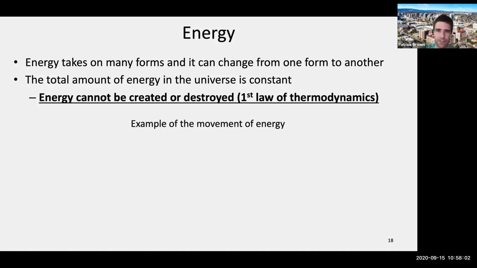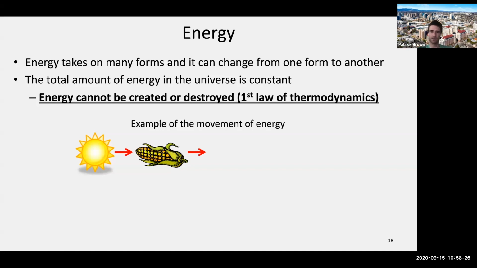So, an example of the movement of energy, the one that we've talked about already: energy coming from the sun, that is actually mass being converted into energy through nuclear reactions, flows to the Earth. Our primary producers, our photosynthetic organisms, our plants, capture that energy and store it in the bonds of the molecules of the plants.